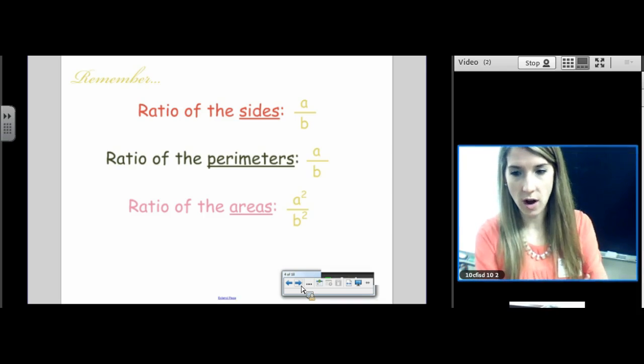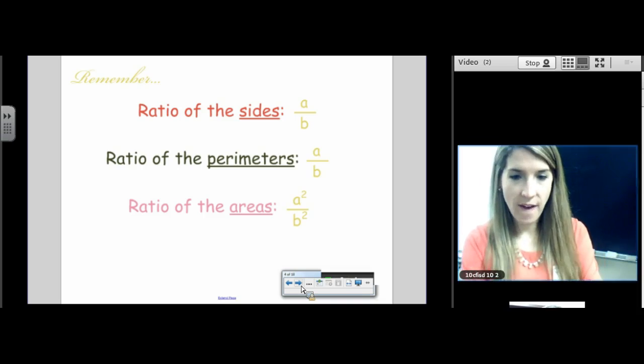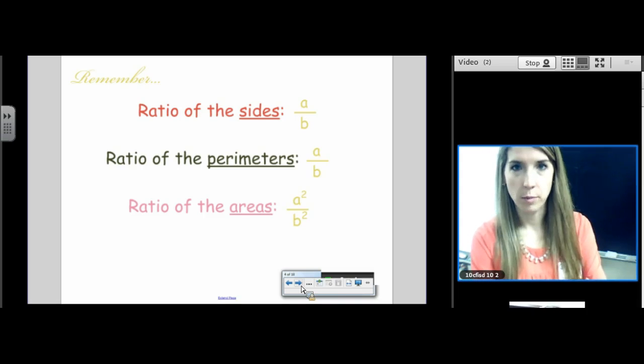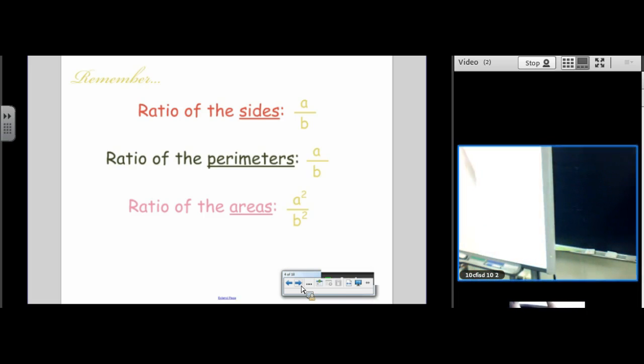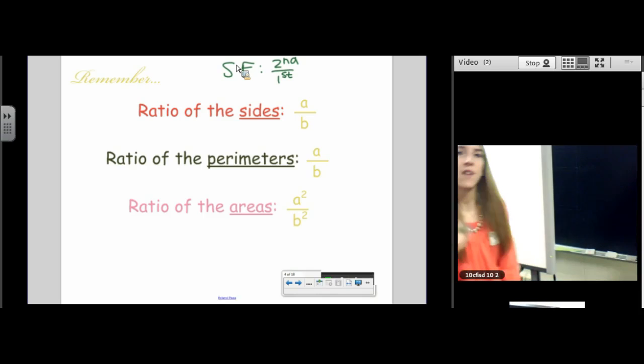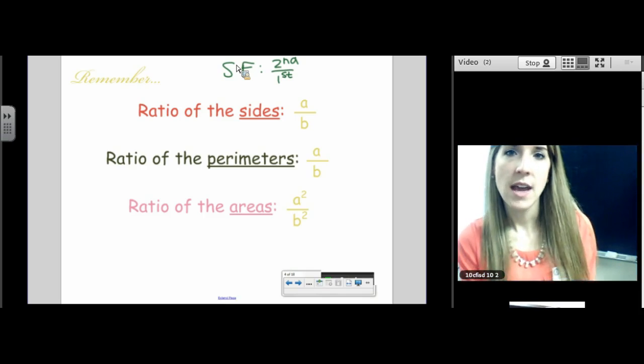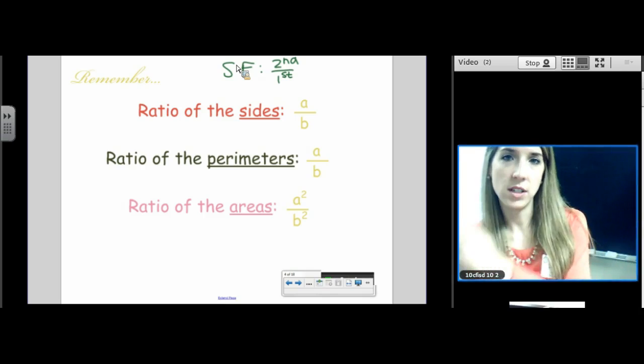Ooh, good question. Quan is asking, scale factor versus ratio. Please explain. If I say I want the scale factor, you always have to put second over first. Scale factor has a certain order. It's what number gets you from the first to the second.